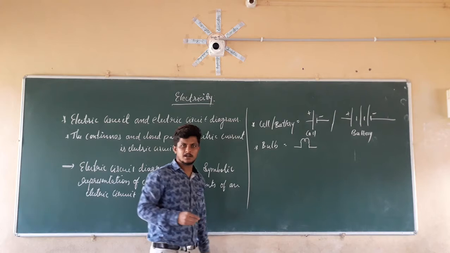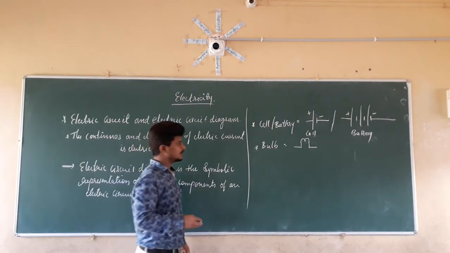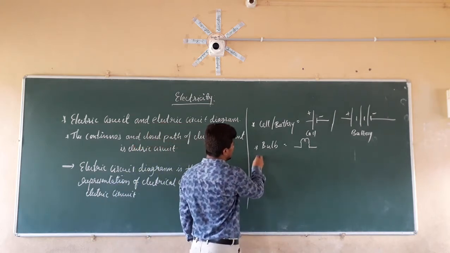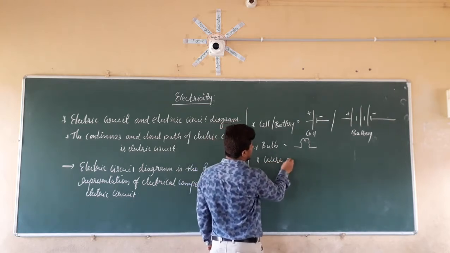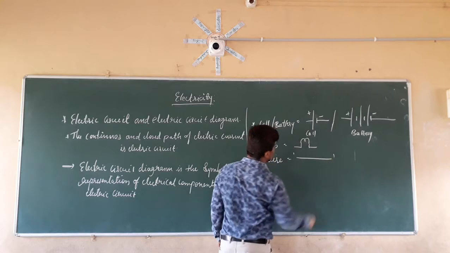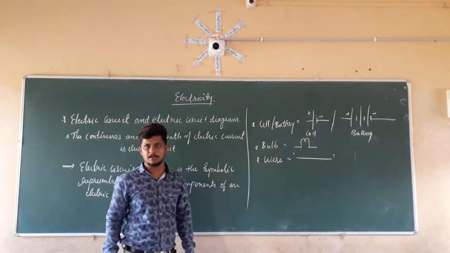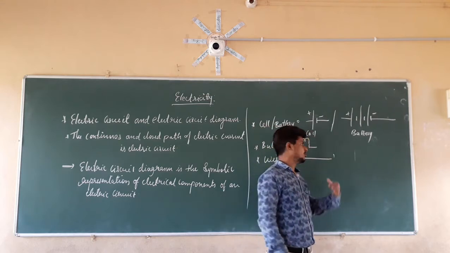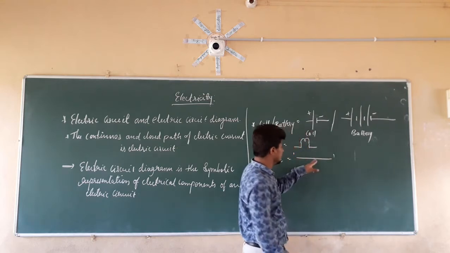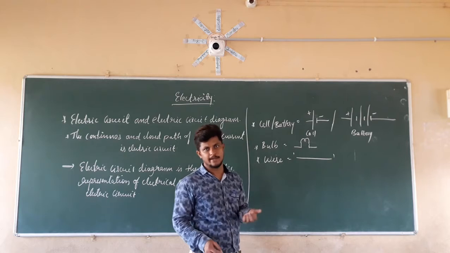In the same manner, the wires are shown like this. It may be a horizontal line or a perpendicular line, depending on which side we are going to connect things. This is the symbolical representation of the wire.